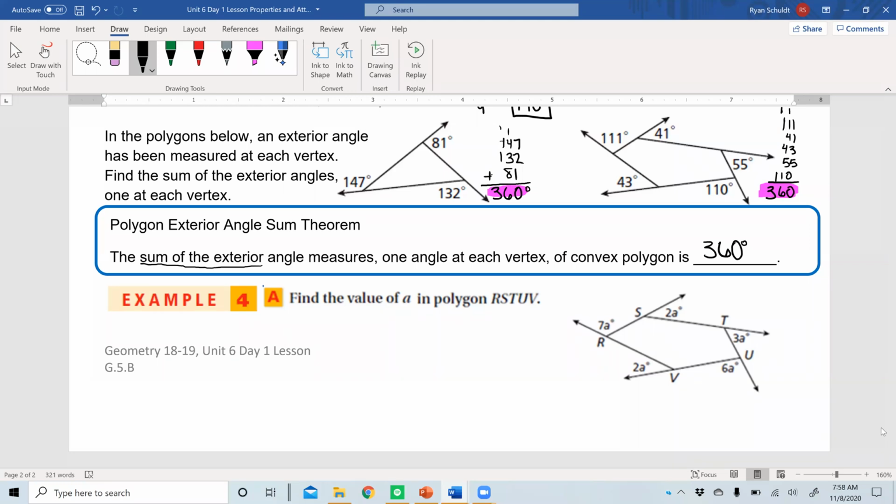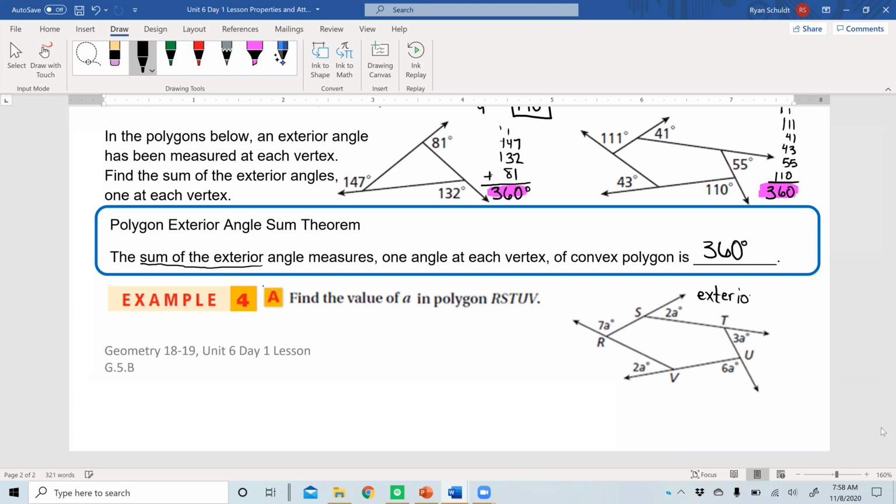Okay, last example. Find the value of A in polygon RSTUV. Well, what do we notice about all of these angles? They are exterior.